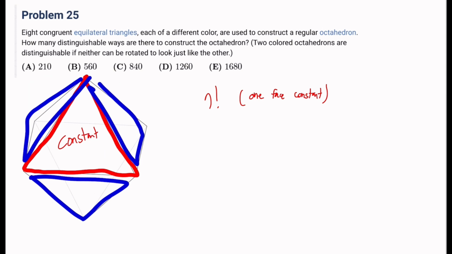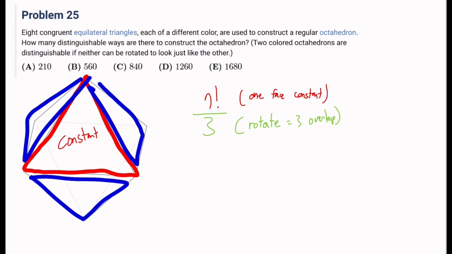If this is color A, B, C, then that will be equal to the color being A, B, C, and also equal to the color being A, B, C, right? So we have 3 overlaps, so we have to divide 7 factorial by 3. This is because of the rotations.